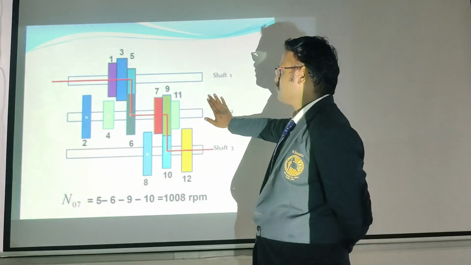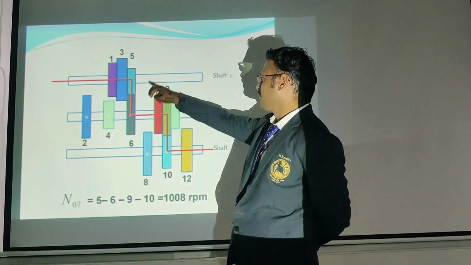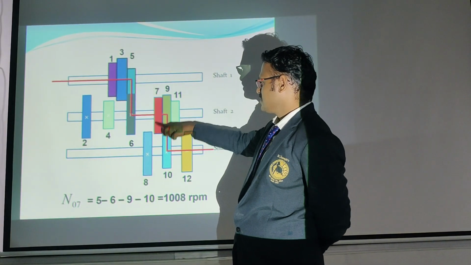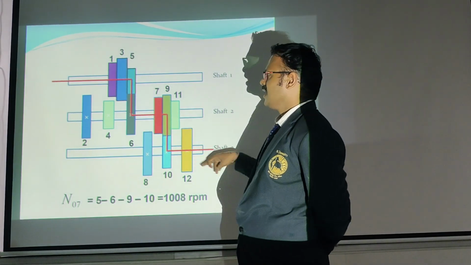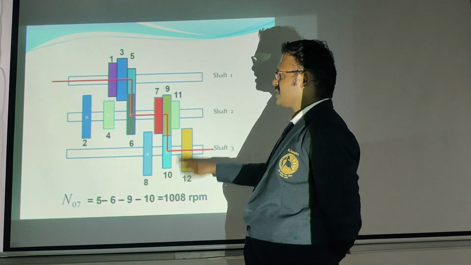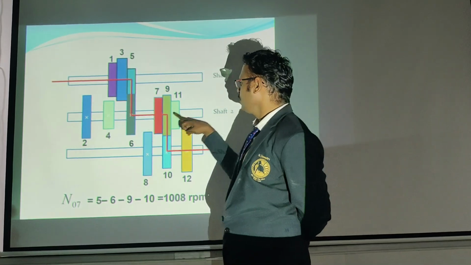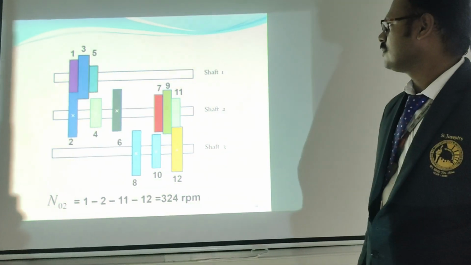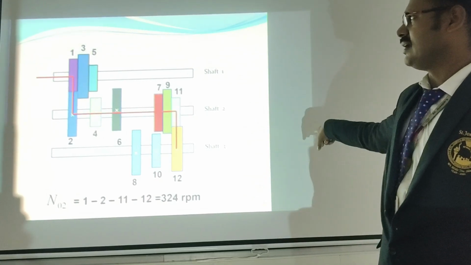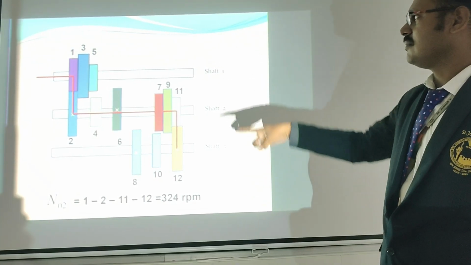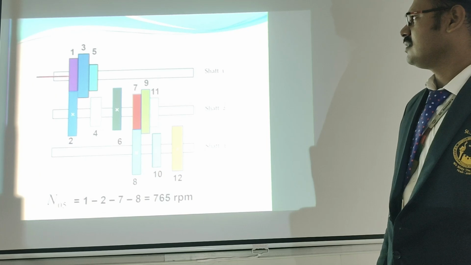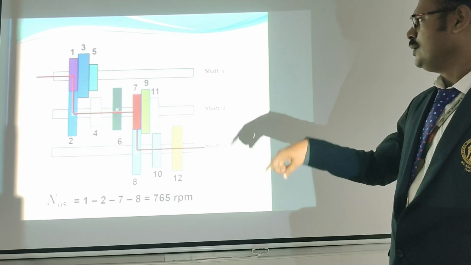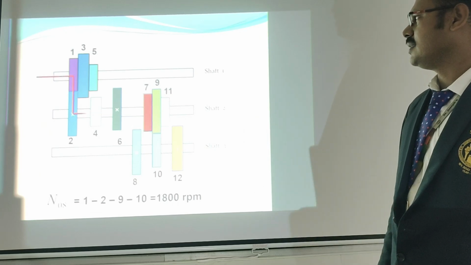So now we have seen the first step: 5, 6, 11, 12, then 5, 6, 7, 8, then 5, 6, 9, 10. So the next pair will be 1, 2, 11, 12. The next set will be 1, 2, 7, 8. Then 1, 2, 9, 10.